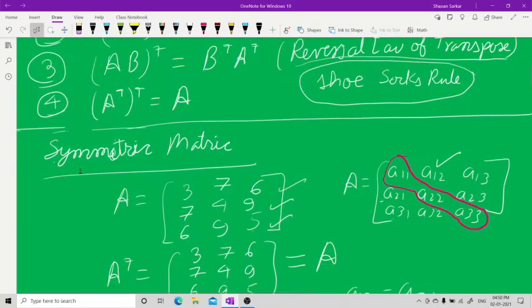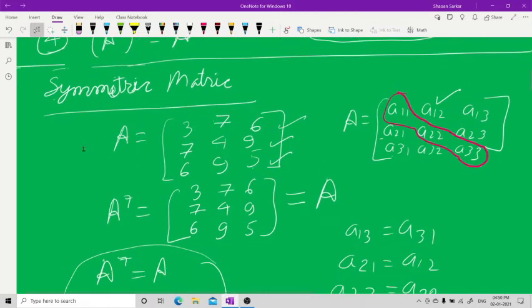So now we are going to see the symmetric matrix. In a symmetric matrix, all the elements here are different numbers. Whatever number you write in the A12 position, you have to write in the A21 position. This is the A13 position. Whatever number you write here, the same number has to be written at the A31 position. This is the A23 position.